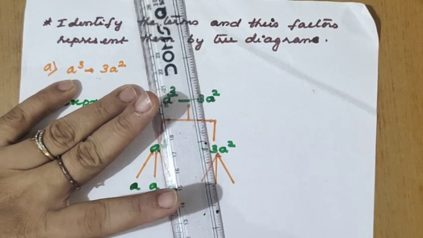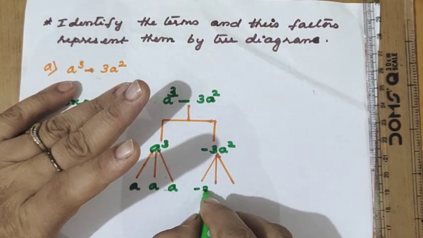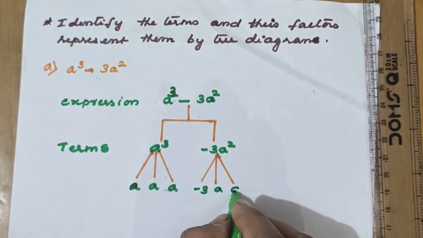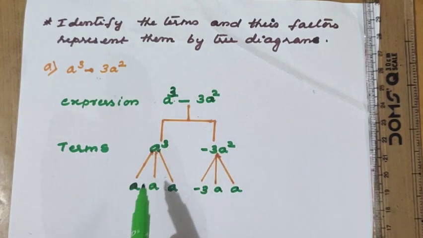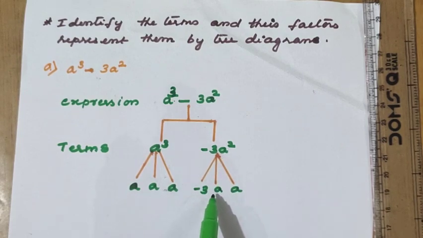Okay. So what should I do here? I should write minus 3a and a. Got it? So a cube we are getting as a into a into a. Further I cannot factorize this one. Minus 3a square can be written as minus 3 into a. So we are writing like this.